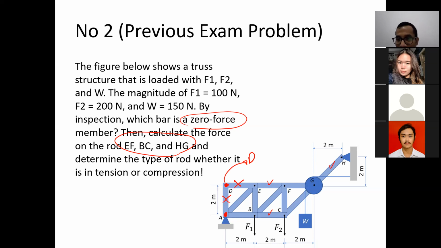Once it's a zero force member, it will be a zero force member regardless of what is happening at the other joint. You get it, Alberto? By looking at A, we don't know yet whether AD is a zero force member or not. But by looking at D, it's clear that AD and DE are zero force members. The same for DE. When we look at joint E, we don't know yet whether DE is a zero force member or not, but by looking at joint D, it's clear that DE is a zero force member.